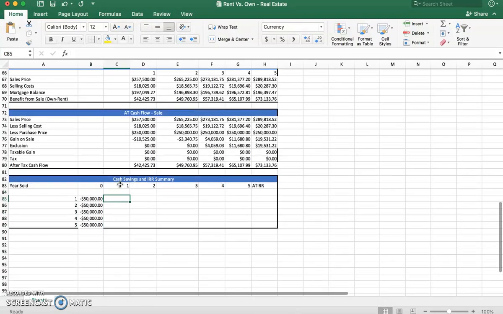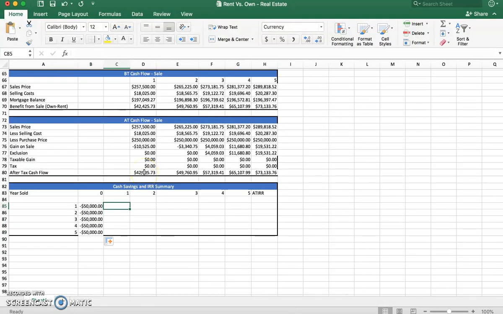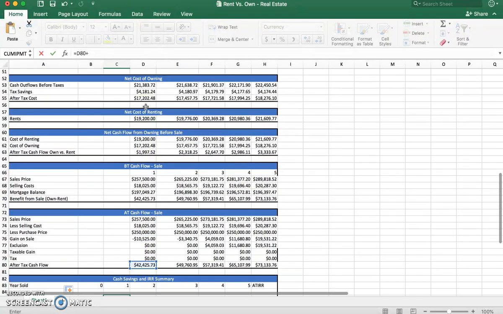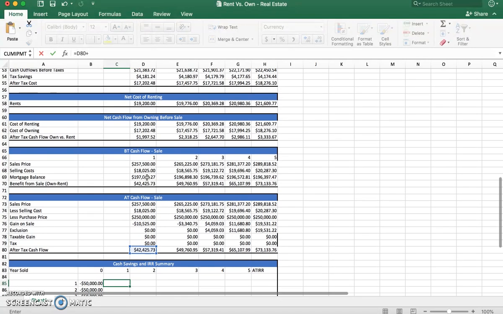All we got to do here is take the after-tax cash flow. Alright, so we'll do this plus the after-tax cash flow of owning versus renting. Sorry, yeah, that's this right here. I was just confirming.